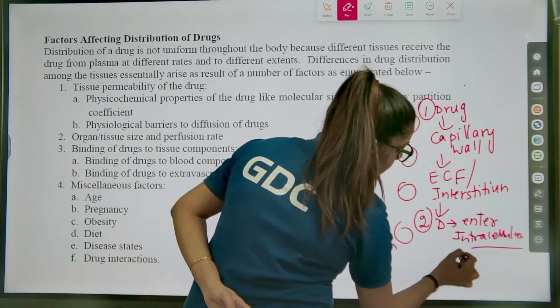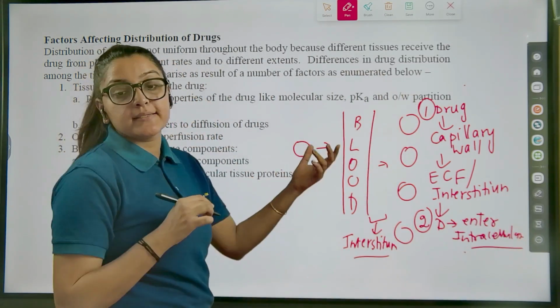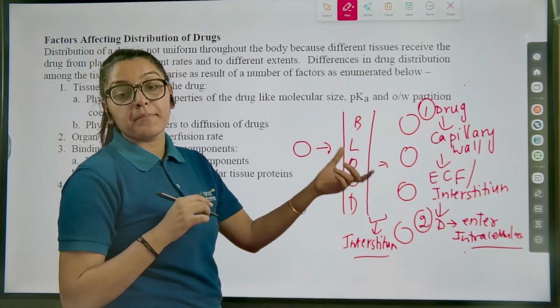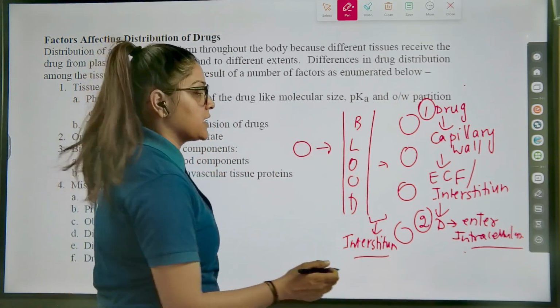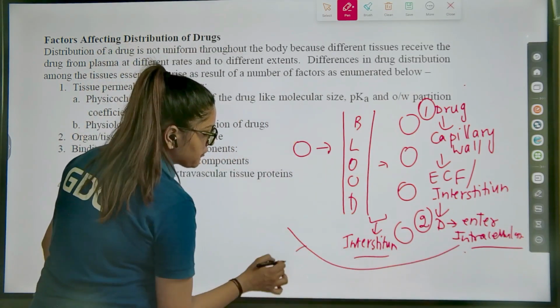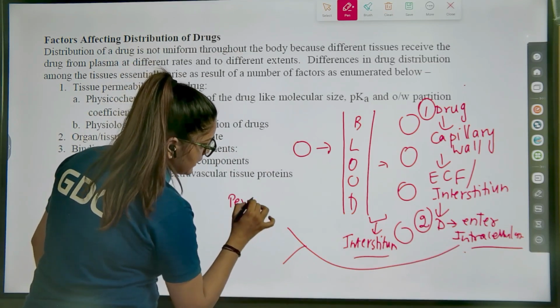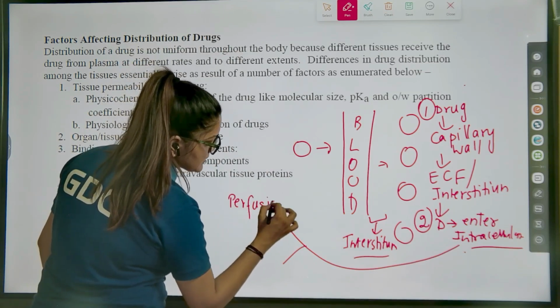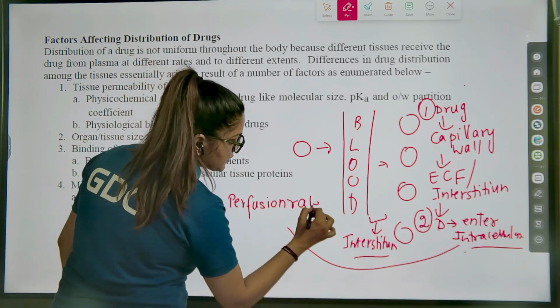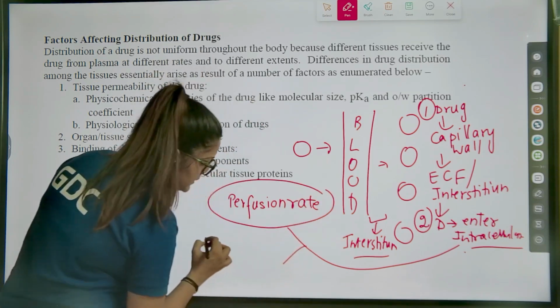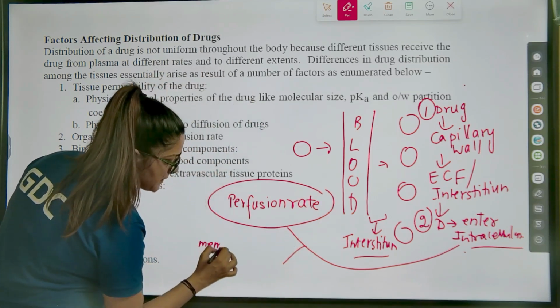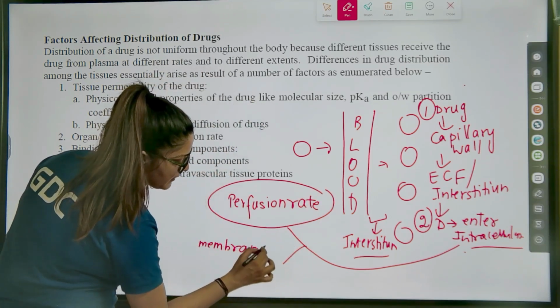It is trying to enter from the ECF. Now this crossing of the membrane will depend on two things. It will depend on the perfusion rate, that is the rate of blood flow to that particular organ. Secondly, it is going to be affected by the membrane permeability, right?